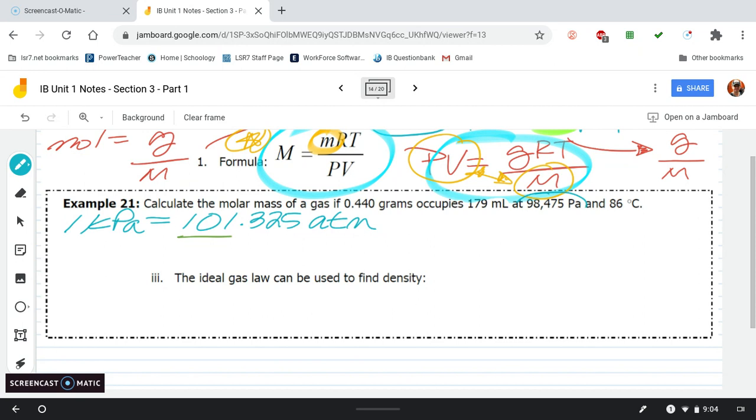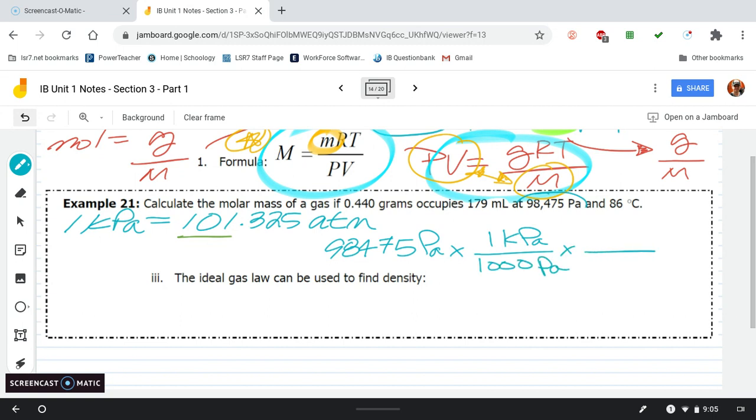So it looked like this: 9, 8, 4, 7. Oops, that's not a 7. Got to watch me. It's a Monday. 9, 8, 4, 7, 5. Not a very good looking 7, but we're going to go with it. Pascals. And then I would convert it into kilopascals, which is 1 kilopascal equals 1,000 pascals.